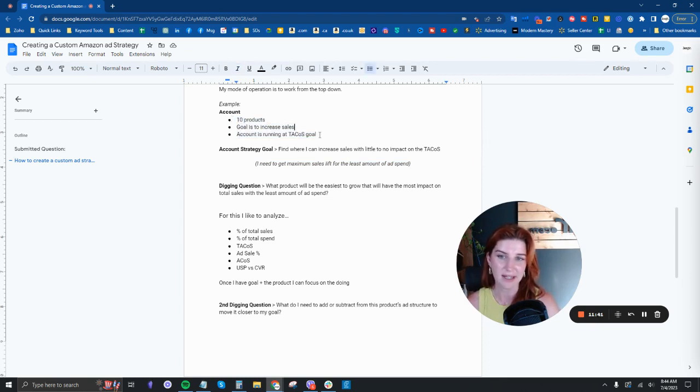If my goal was to increase sales, but I was above my total ACoS goals, then that would be different. I might say, okay, do I prefer to really pull back because I'm not as profitable, and then see where I can balance these two on sales? Or am I okay with increasing total ACoS a little bit because I care more about the sales increase goal?